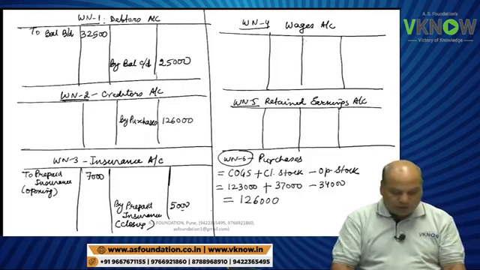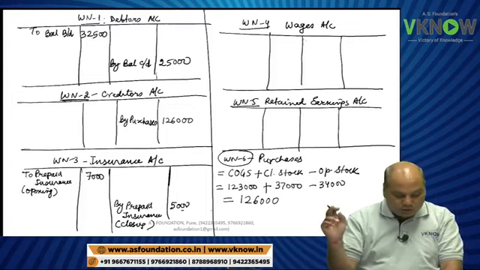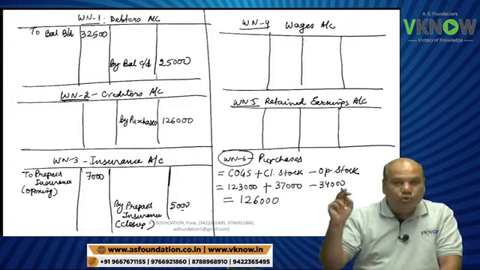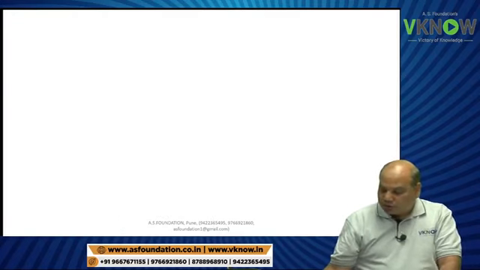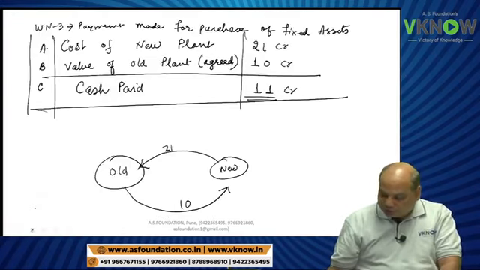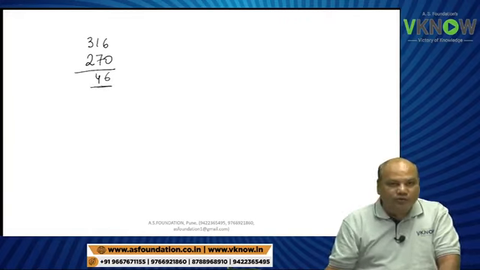Then we have fixed asset. Look at the question. Fixed asset opening balance is 2,70,000 and closing balance is 3,16,000. So the difference is 46,000.